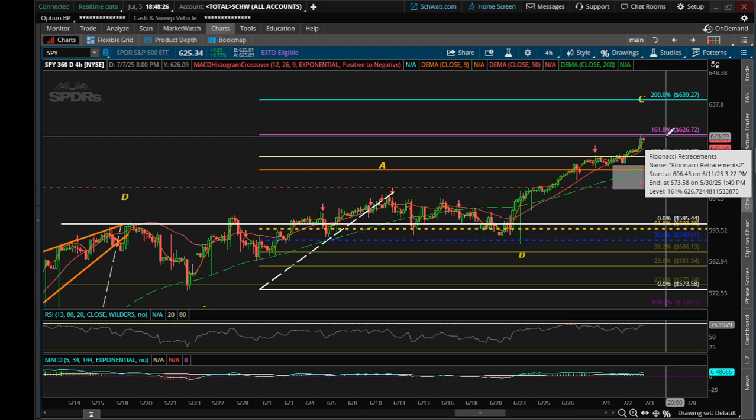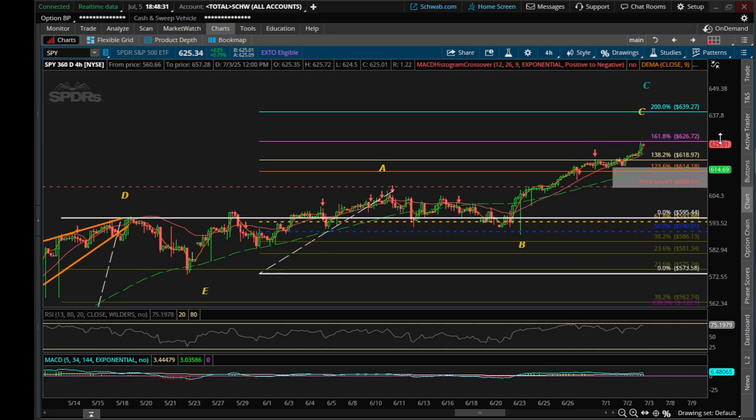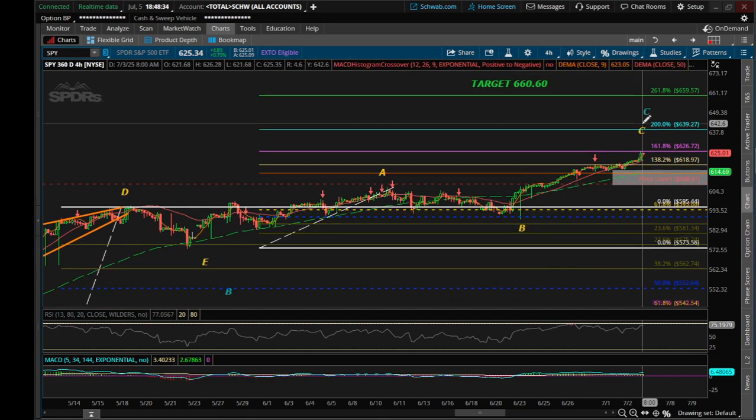Okay, it could go on through and go up to the 200%, which is basically telling me we're on our way up to the 660 target on the bigger time frame. So maybe we don't get that smaller correction, and we're probably not going to catch it. So honestly, I'm still bullish, but it's coming to an end.